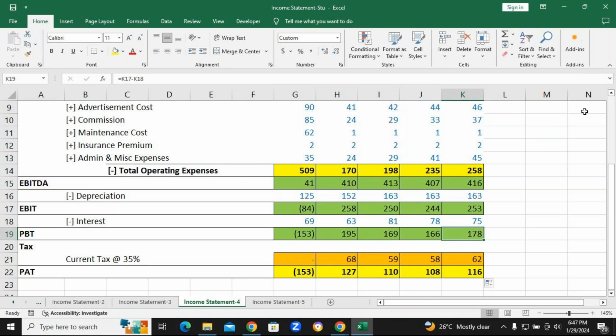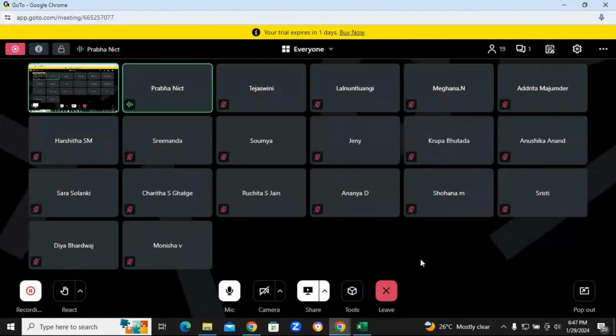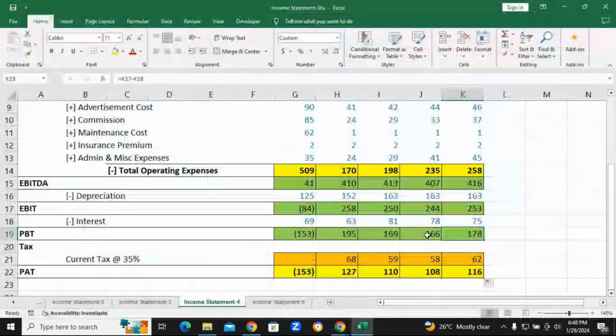I wanted you to solve this. I'll give you 10 minutes to solve it. If anybody did not understand, please do tell, and I'll explain it once again. If everybody has understood, type in 2 in the chat box. Okay, I'll give you 10 minutes to solve this. Then we'll continue with the fifth one. At the end, you should get these values.